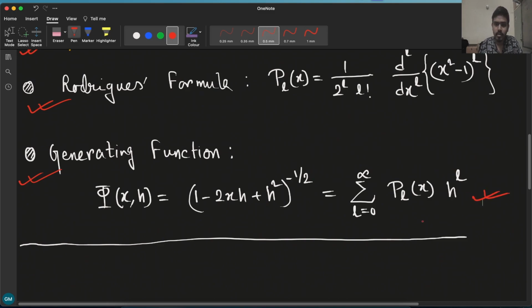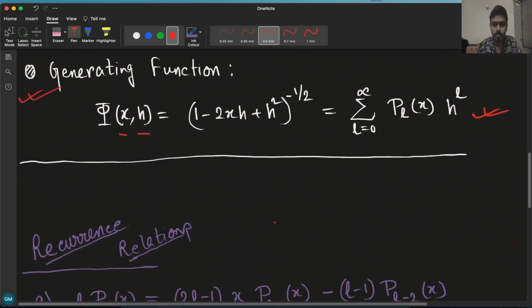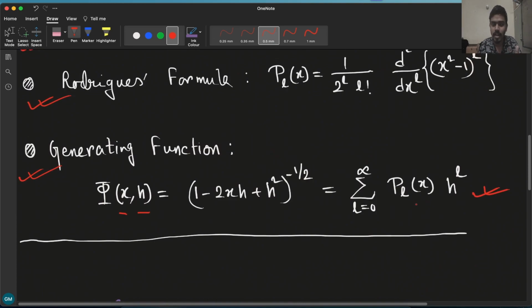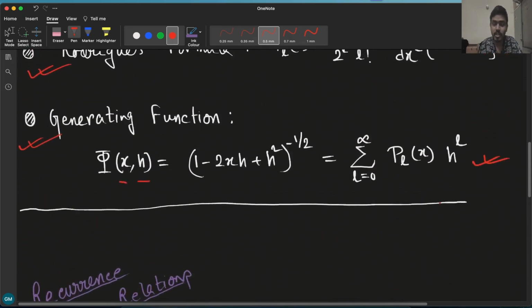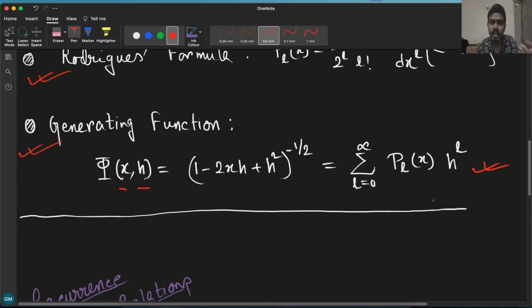The generating function is a function of x and h, both variables, and we get the Legendre polynomials as the coefficients of the power series expansion of this generating function in h.